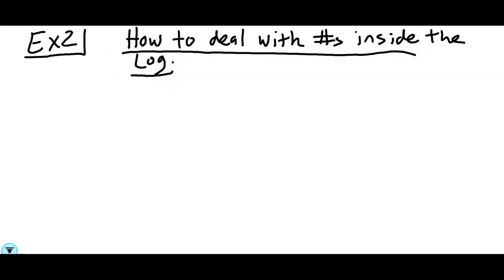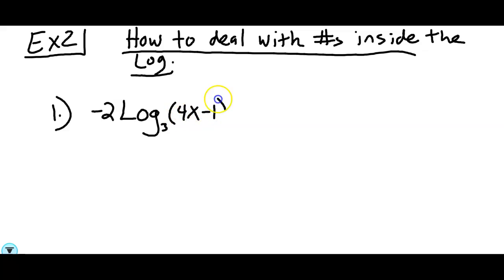How about dealing with numbers inside the log? So for instance, suppose I had this: -2 log base 3 of 4x minus 1, plus 3 equals, let's say, 5.